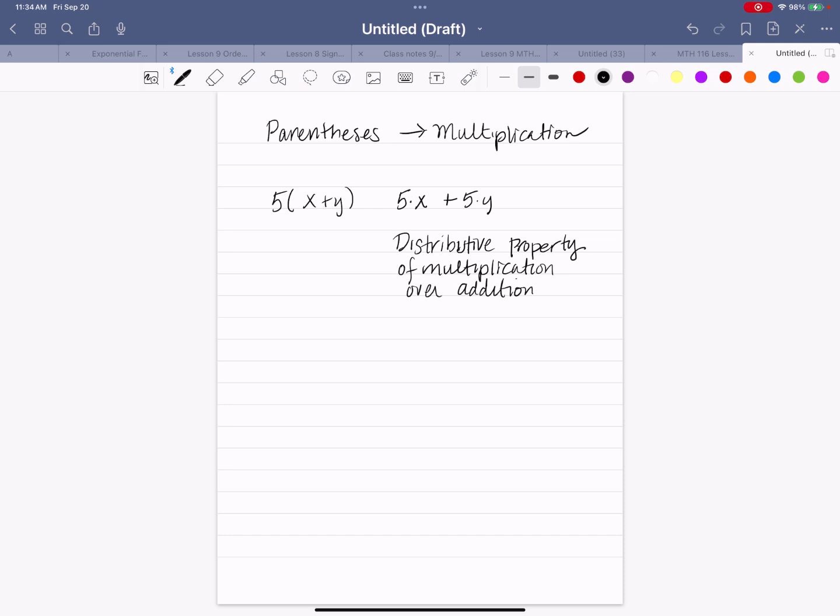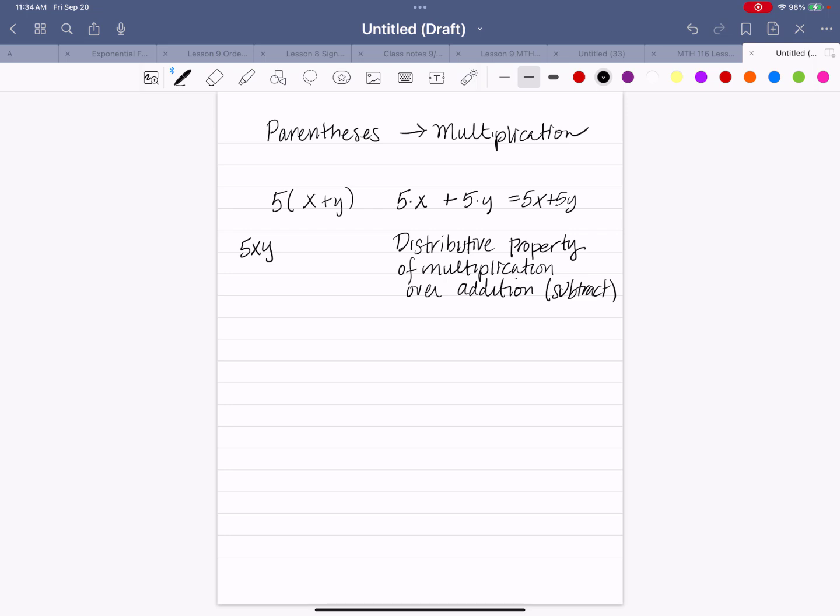And that addition could also be subtraction. If it was 5xy, I'm not distributing because there's no addition or subtraction. But 5 parentheses x plus y means I have 5x plus 5y. Think about distributive. To distribute a paper would mean to give out a paper to everybody. Well, distributive property means the same thing.